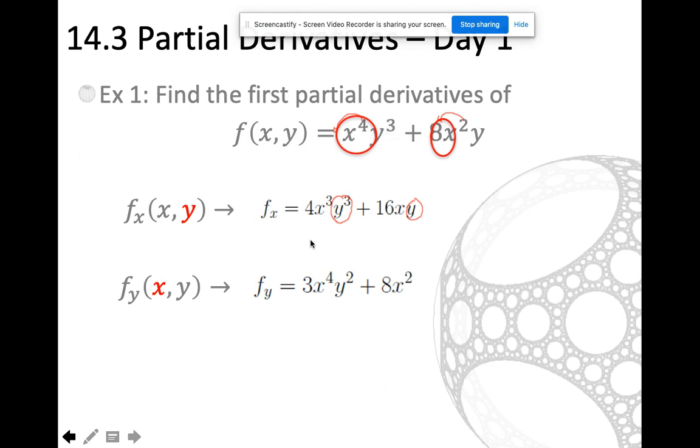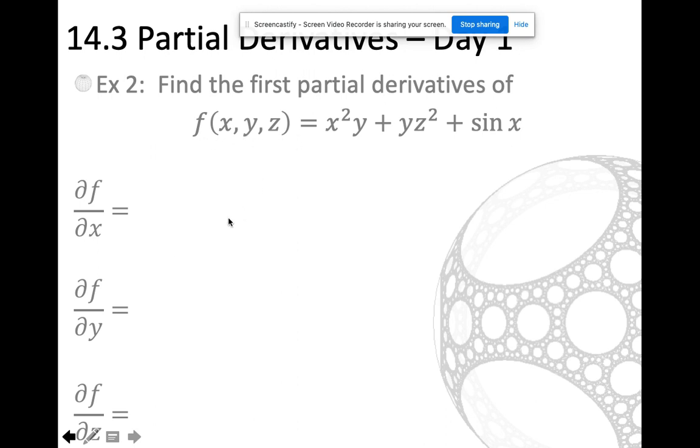I bring the 3 down in front, times this constant x to the 4th, and then y to the subtract 1 from the exponent. This is a y to the 1st. How do you take the derivative of a constant times y to the 1st? You bring the 1 down, copy the constant over, and then that's technically y to the 0, which is why you only see 8x squared. Crazy, right?